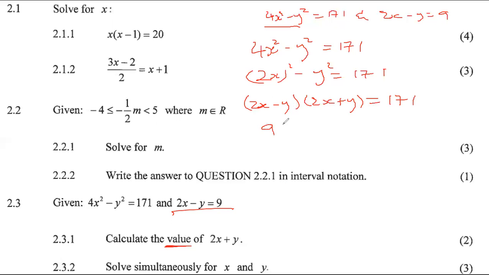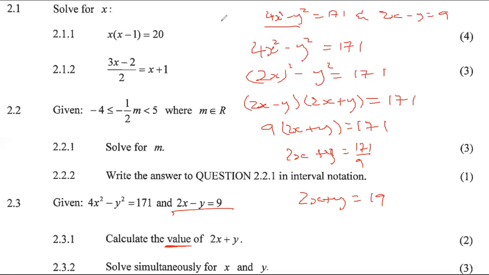So this is 9 times 2x plus y, which is 171. So we can see 2x plus y is 171 over 9. And we can check in the calculator that it is going to be a whole number, yes, so 2x plus y is 19. Simple as that, okay?